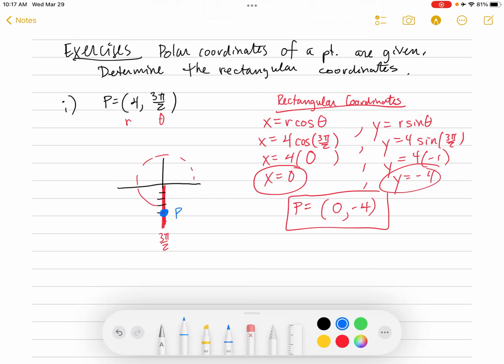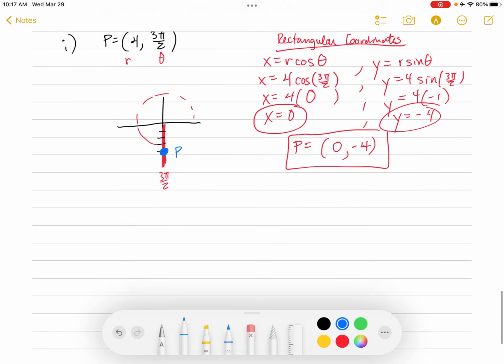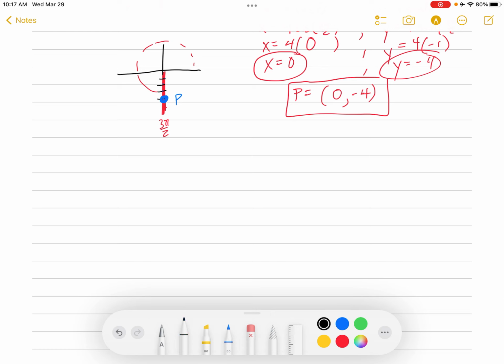So I'm somewhere like down here. There's P, right? 3 pi over 2 is the angle. The distance from the center is 4. Is that the same as 0, negative 4? Yeah, right? You've got 0 on the x and 1, 2, 3, 4 negative on the y. So yeah, it makes sense.